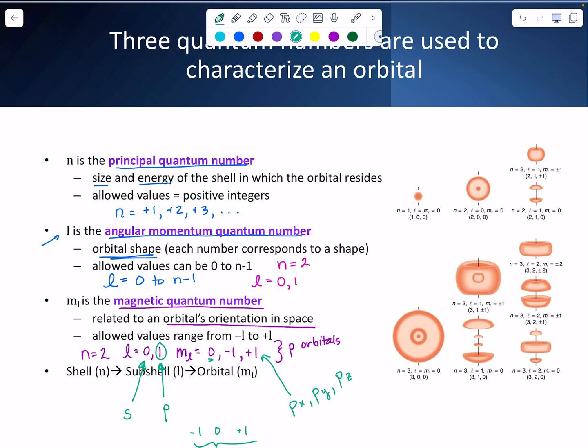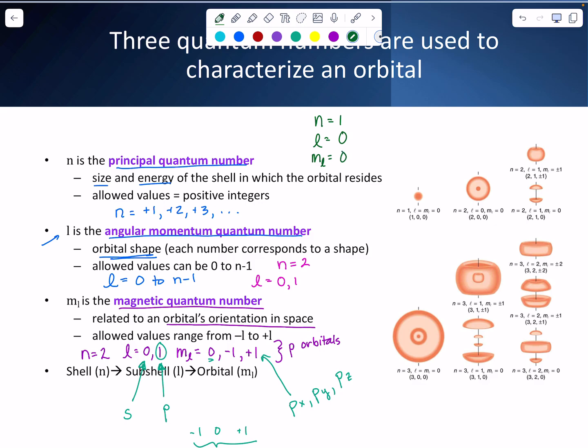If n is equal to 1, our values for what L can be go from 0 to n minus 1. Well, if n is 1, 1 minus 1 is 0, right? So L can only be 0. And then our M sub L can go from minus L to plus L. Well, it's just going to be 0.